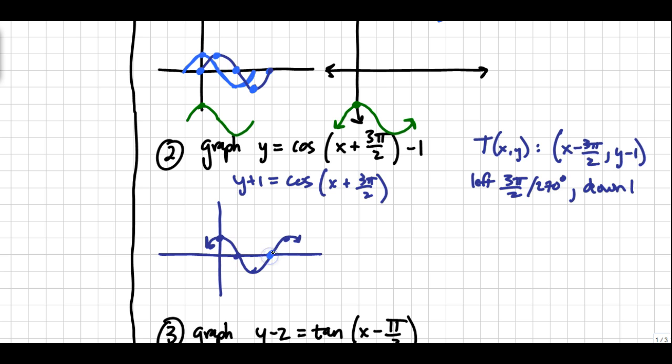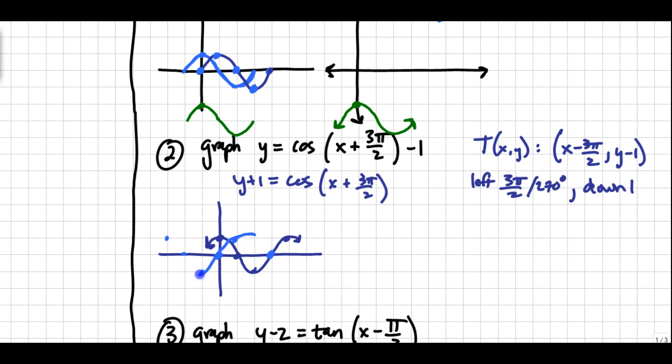So this spot right here is going to move back so that it's going to show up on the y-axis. So this point is going to just shift back. So if I just kind of mimic that, this point is now here. Normally that point goes up from there, and it goes back down here and then back up.